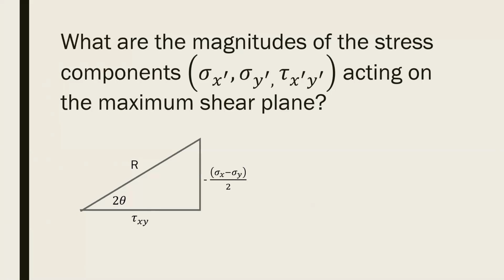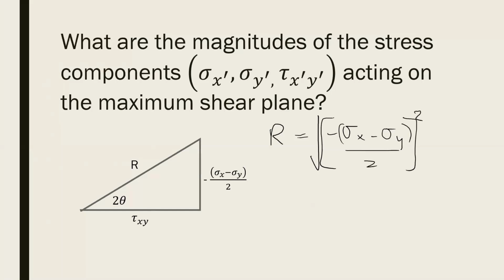And so R is going to be equal to the square root of negative sigma x minus sigma y over 2 quantity squared plus tau xy squared. Is this going to be the same or different than the R we had before? There is a negative sign. Exactly, but that negative sign is getting squared. So in terms of the end result, it's going to be the same. So this is the same R that we dealt with earlier.